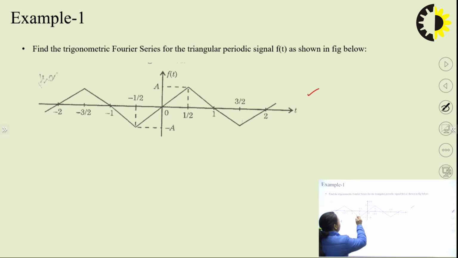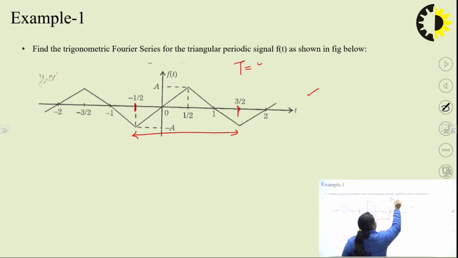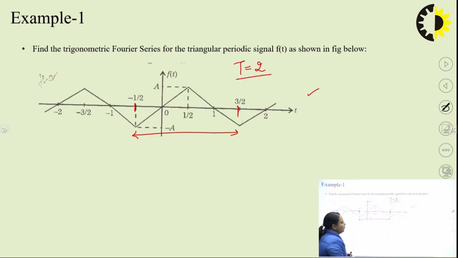First of all, you can see this is a ramp signal. It starts from -1/2 and ends at 3/2, and after that the waveform repeats. So in this case the time period of the waveform will be equal to 2.